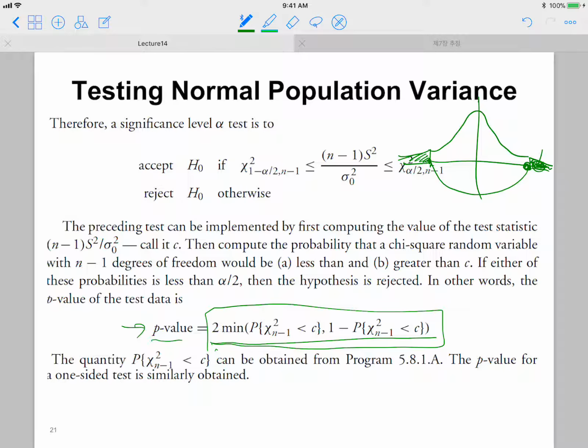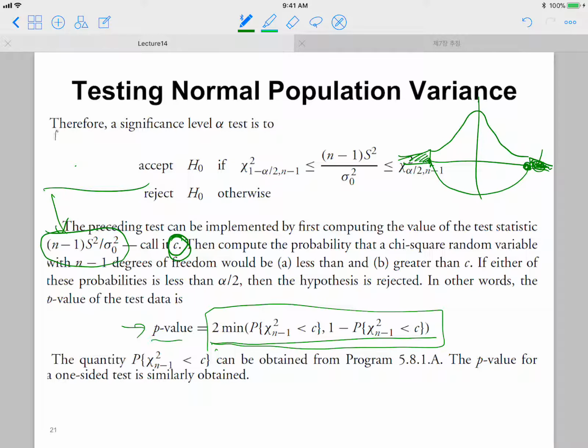So your statistic is called C, right? When computing the p-value, we do not consider the alpha value in advance, so this alpha is not known. Based on our statistic, we compute this threshold value.